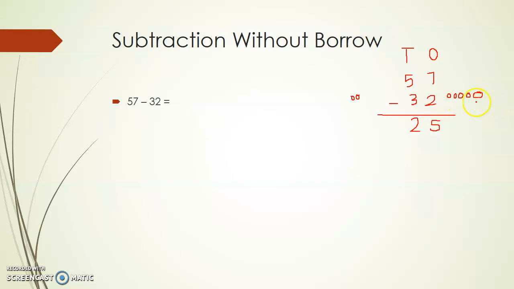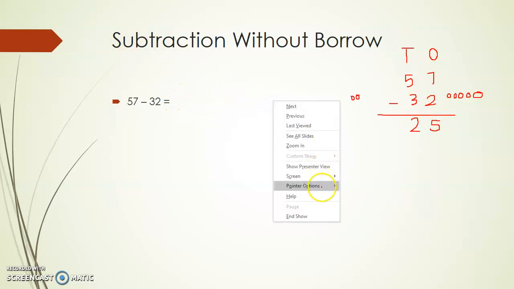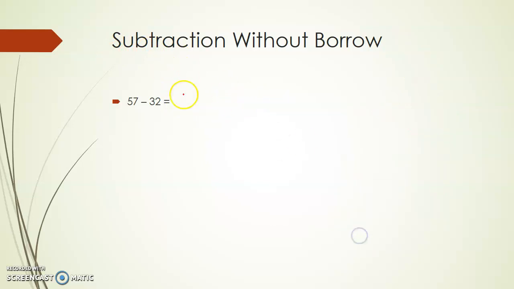How many numbers did we count? 5 numbers. So the difference 7 minus 2 is 5. Similarly, to do 5 minus 3, what did we do? We counted from 3 to 5. After 3, 4, 5. So 25. 57 minus 32 is 25.